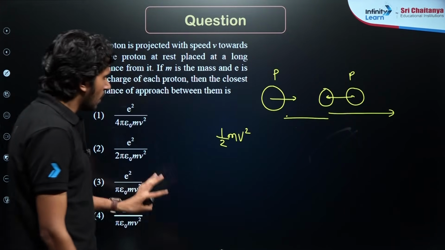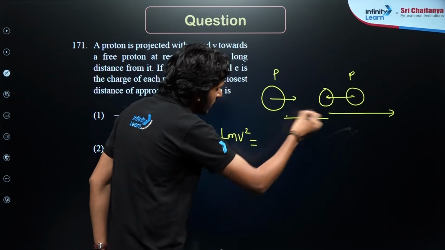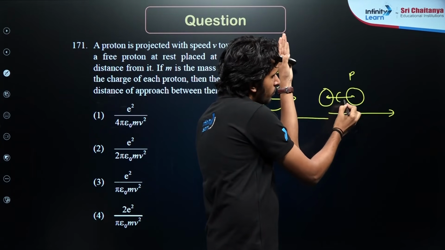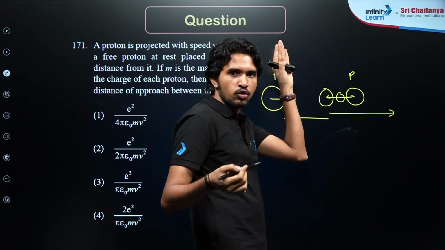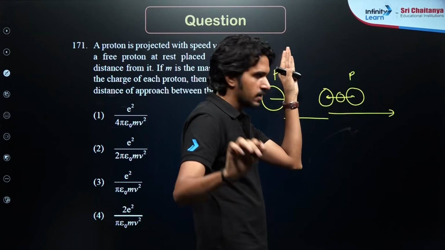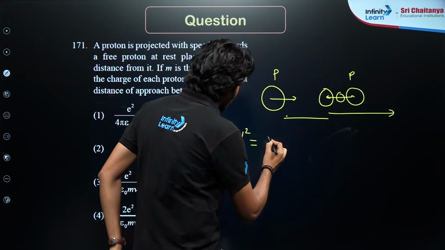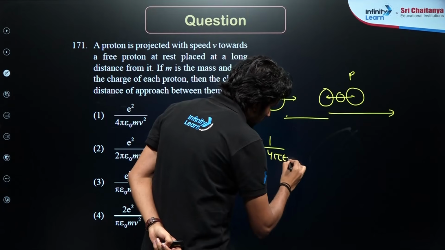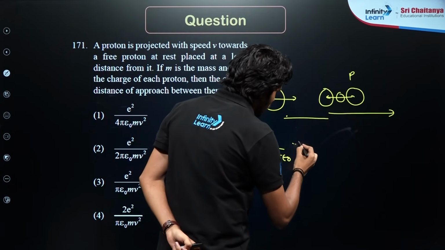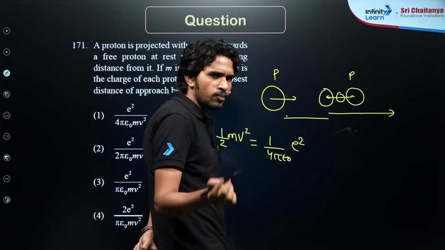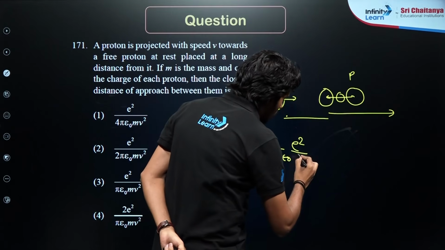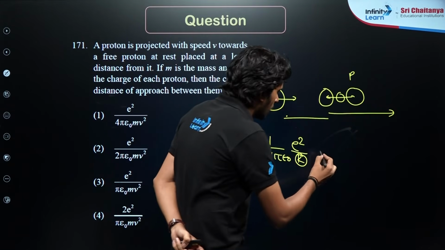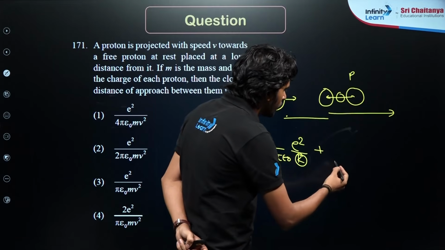And finally when it went here, now they have some potential energy, k q1 q2 by r, sorry r, not r square. So that potential energy k, 1 by 4 pi epsilon naught, q1 q2, e square, charge on proton e, by r. We need this minimum separation value. Okay, plus half mv square.